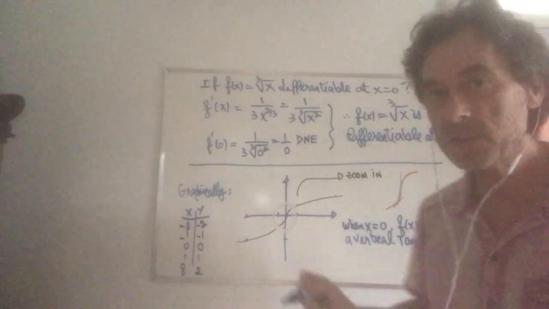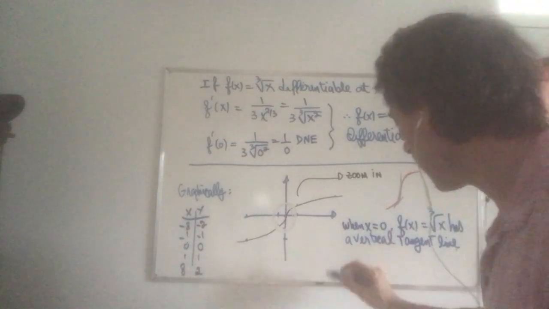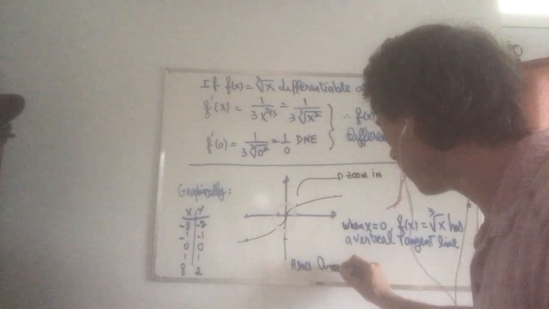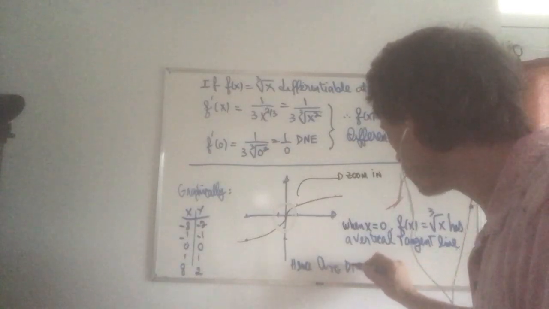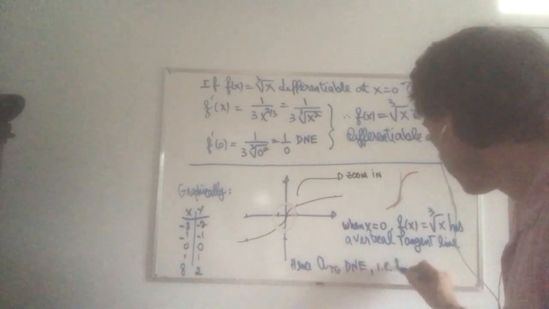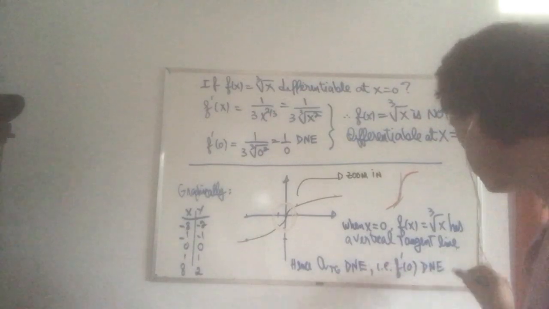And as you know, the slope of any vertical line is what? DNE. Hence, the slope of the tangent line does not exist, i.e. f prime of 0 does not exist.